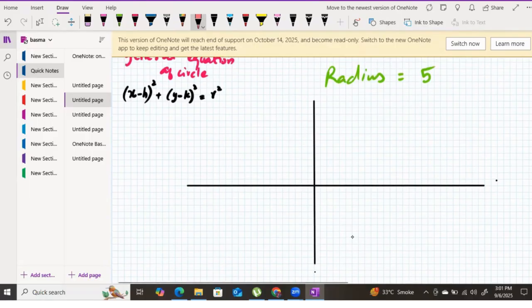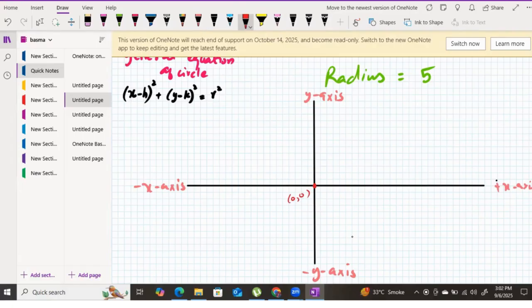This is your y-axis, positive y-axis, negative y-axis, positive x-axis, and negative x-axis. The point of intersection of the two lines cutting perpendicularly each other in a rectangular coordinate system is going to be the origin. So this point is your origin, 0, 0.